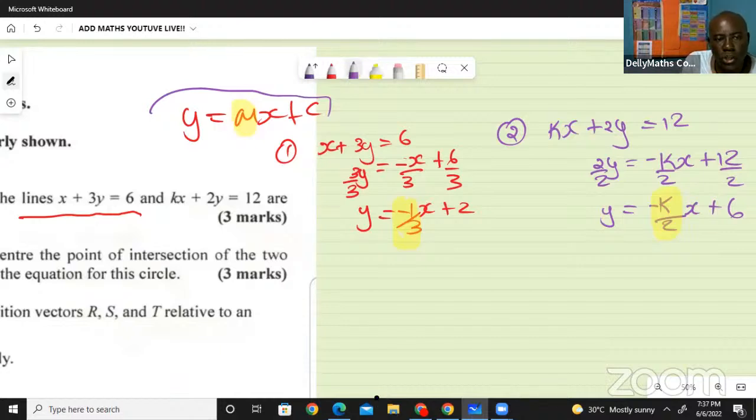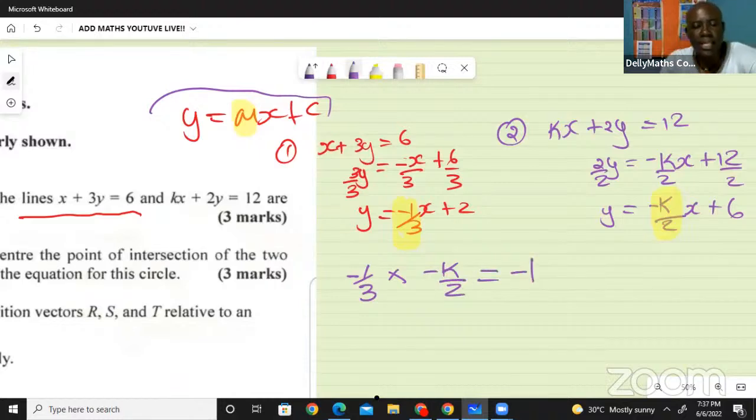So negative 1/3 multiplied by negative k over 2 should give me negative 1. I trust that everybody is seeing the idea on which I am moving forward, because we were told that we have perpendicular lines.